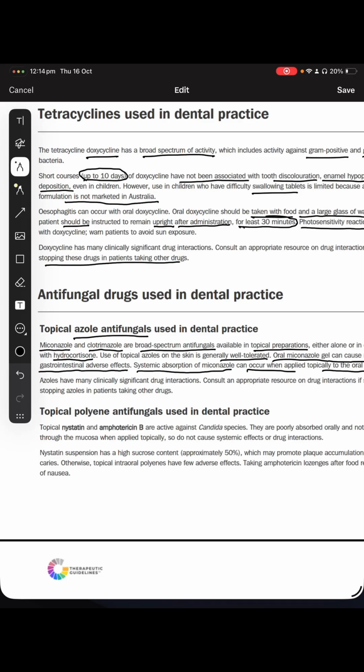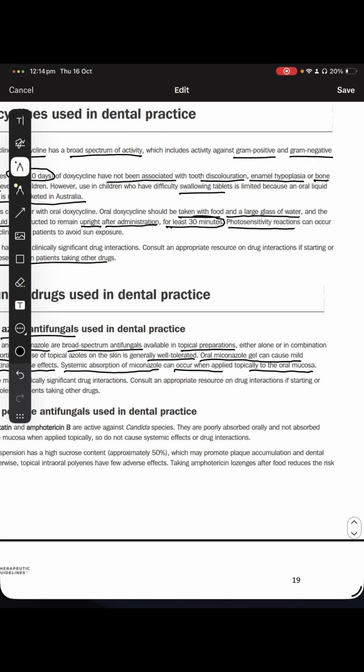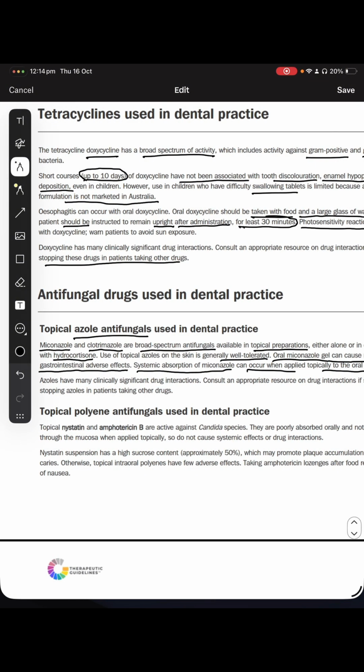Azoles have many clinically significant drug interactions. Consult an appropriate resource on drug interactions if starting or stopping azoles in a patient taking other drugs.